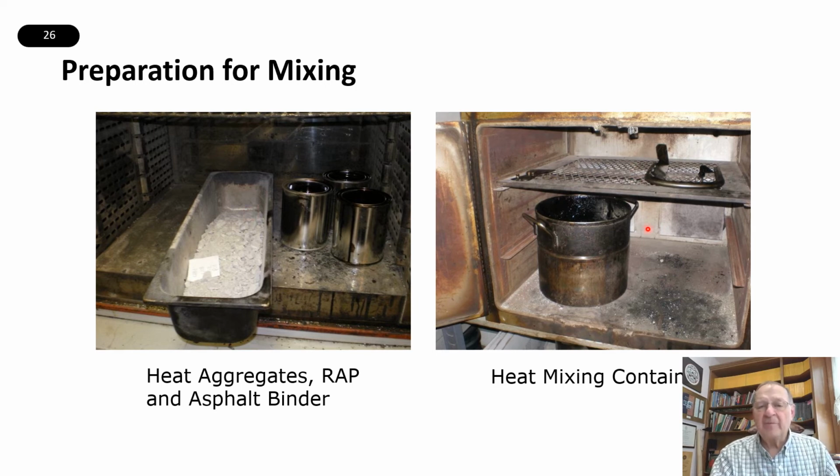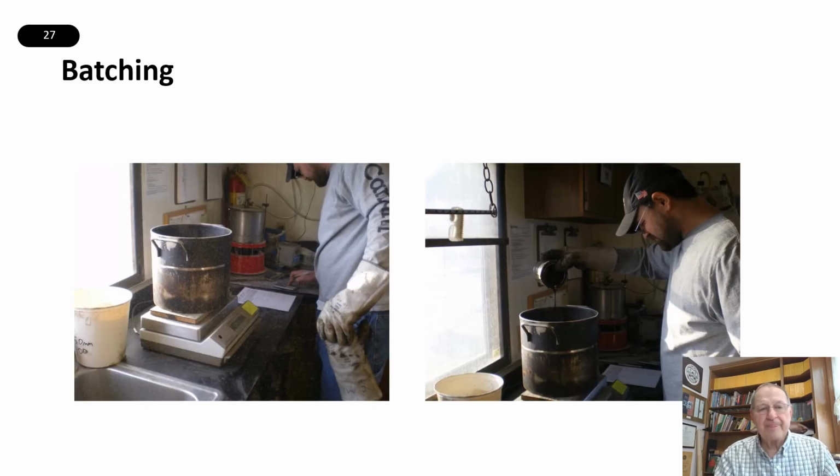At the same time, we will heat up the mixing container and the mixing hook that we will use to prepare our compacted specimens. Here you can see after everything is hot, here's our mixing container, and we put the aggregates into it.